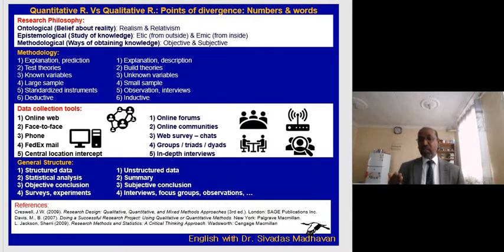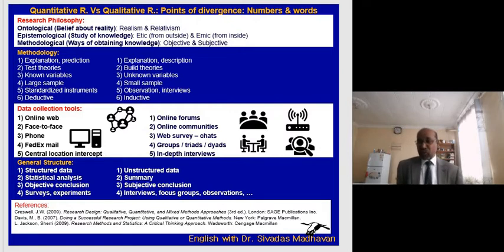So ontology deals with these two things, either single reality or multiple reality. So in a research, you can see the single aspect of the reality and multiple aspects of the reality.